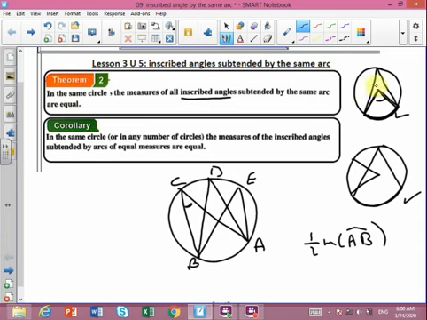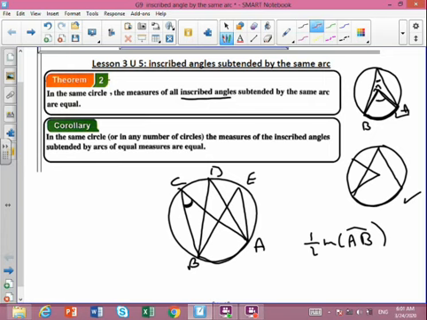So here, if this is M, then measure of angle M equals measure of arc AB. So the measure of the central angle, or the measure of the arc suspended with this inscribed angle, is double the inscribed one. So measure of angle C, as it is an inscribed angle, equals half measure of arc AB.